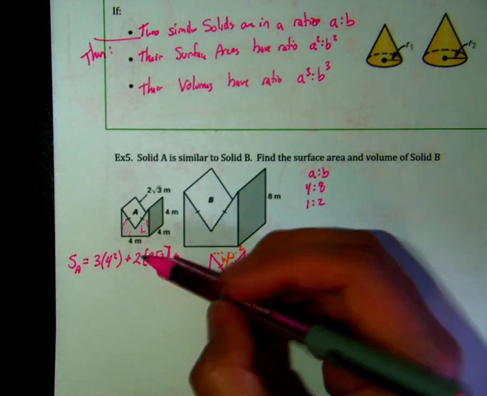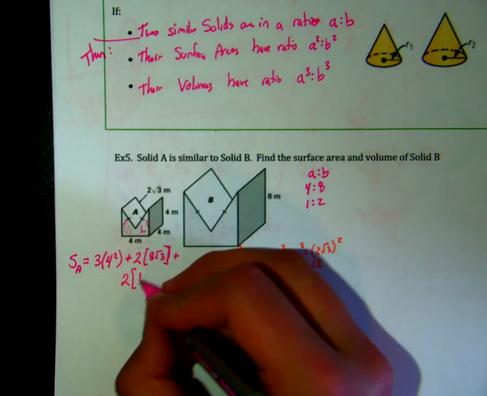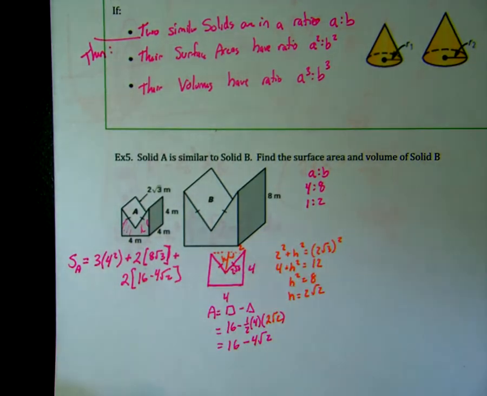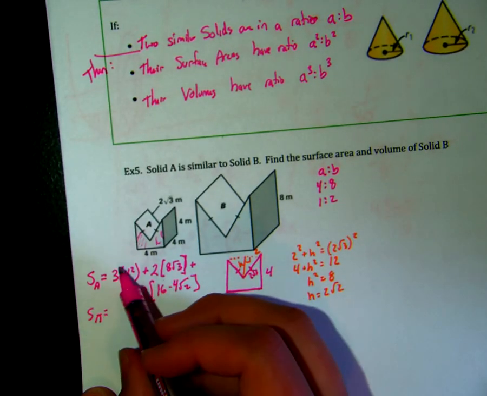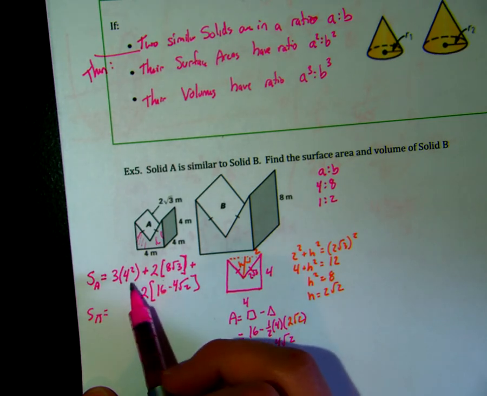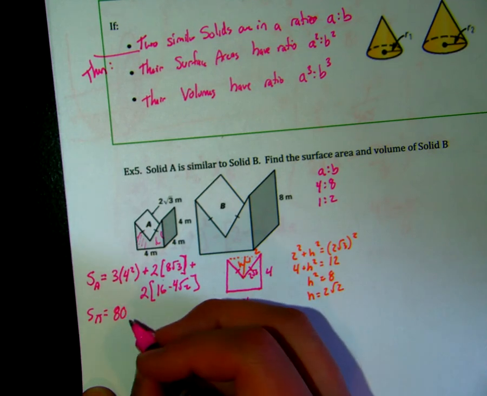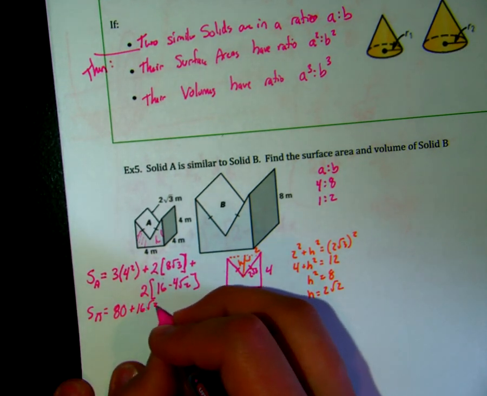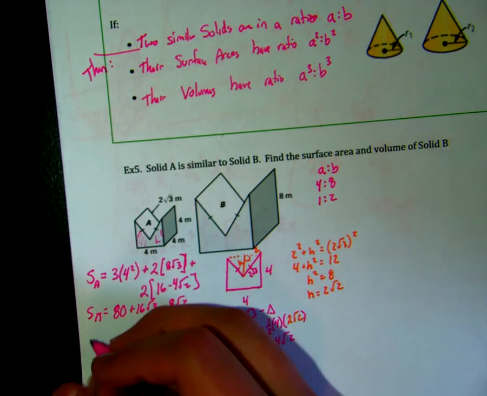So I have that one in the front and that one in the back. So I have 2 of them. So I have 2 times (16 minus 4 root 2). So this ends up being, this is 32, this is 48, so this is 80 plus 16 root 3 minus 8 root 2.